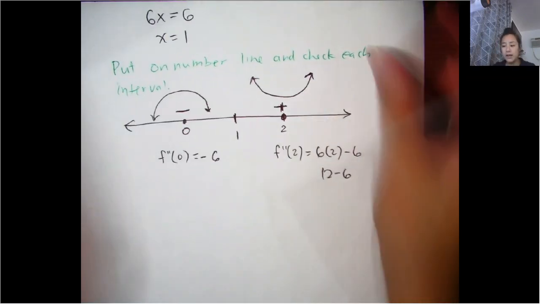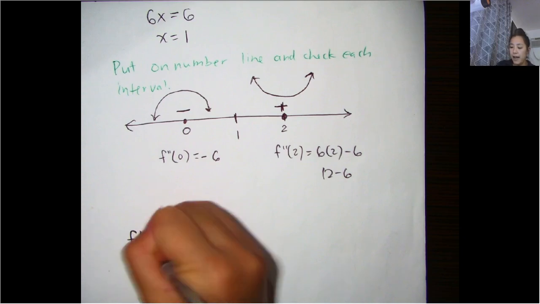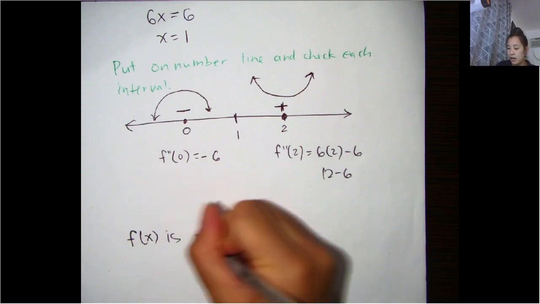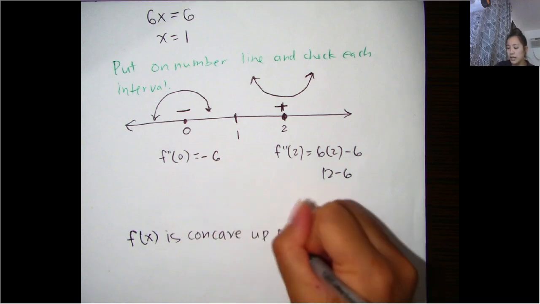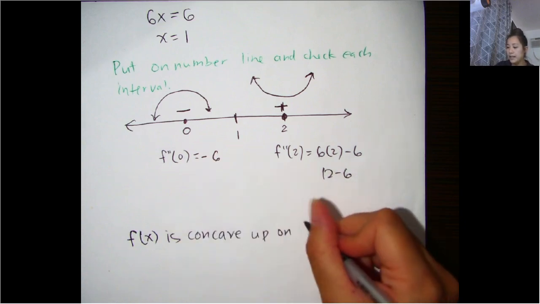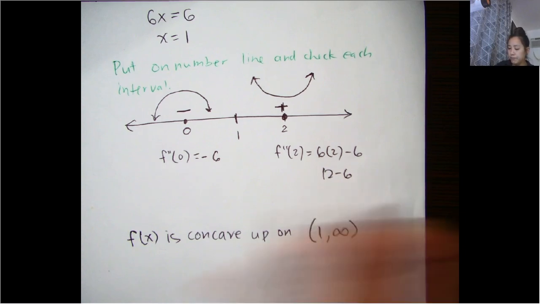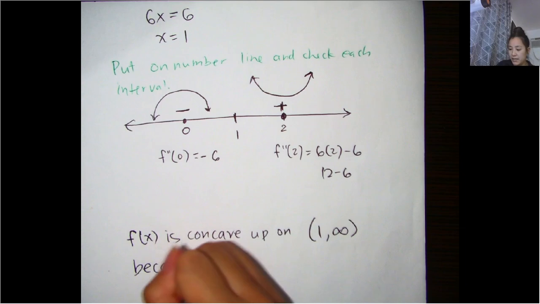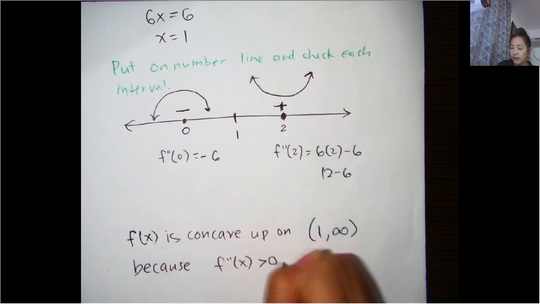So from this number line, what we found is that f of x is concave up on the interval from 1 to infinity. That's because f double prime of x is greater than 0 there.